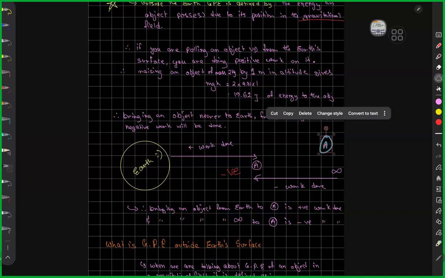This is how the gravitational potential energy at infinity is zero, because we're starting from negative. So from negative, I'm transferring my energy into A and increasing its gravitational potential energy to zero at infinity. Are we getting the point over here?